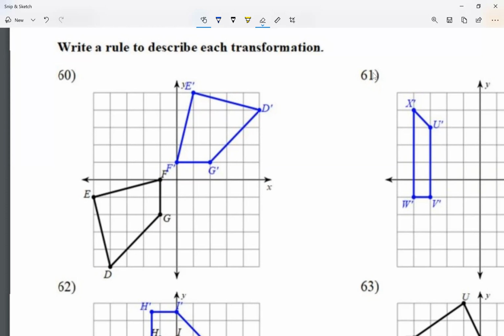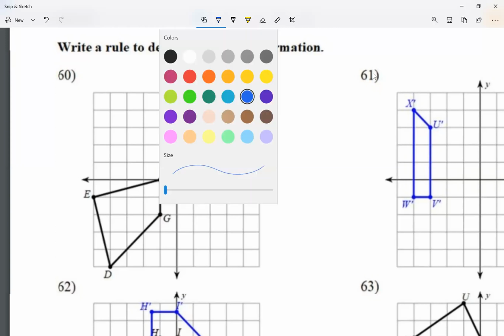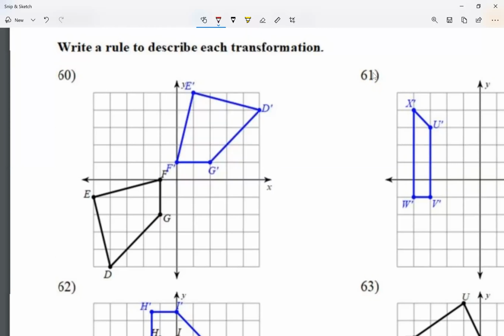Could it be reflection? Let me follow a few points here. If I look at my point F and F prime, and I mark a point right in the middle between them, it will be about here. And if I look at my G and G prime, and mark a point right in the middle, it will be about here.